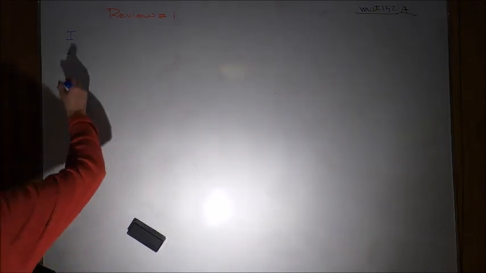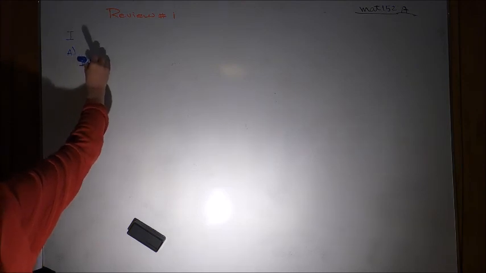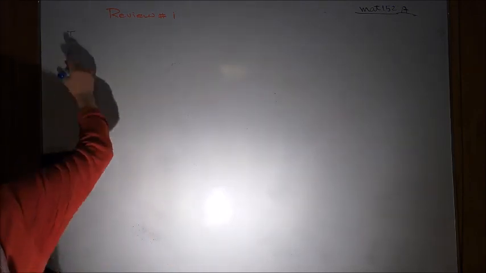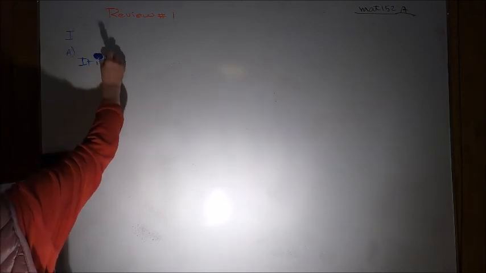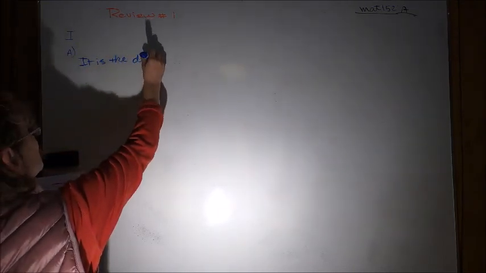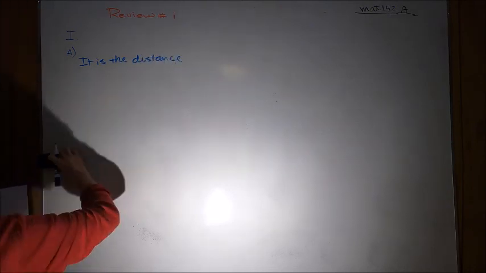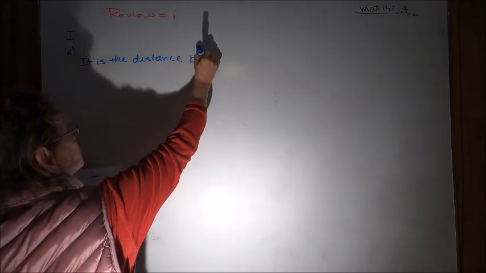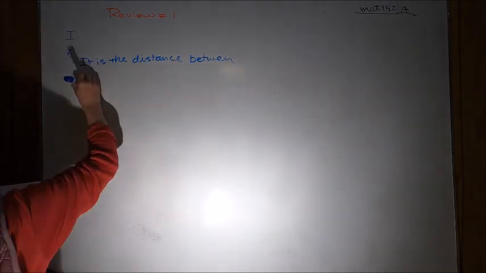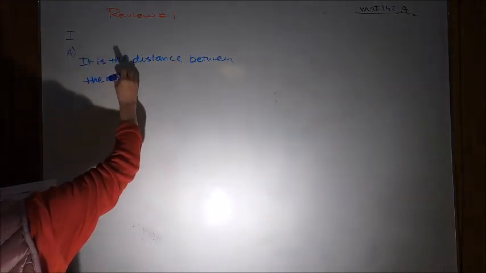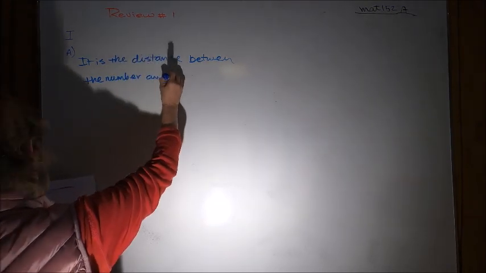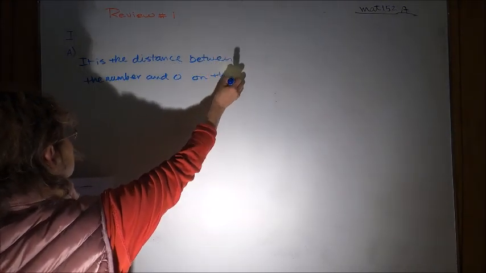First one, if we ask you what is meant by the absolute value of a number, how will you answer? You go to your paper and take a look. It is the distance, formally we say it this way, between the number and 0 on the number line.